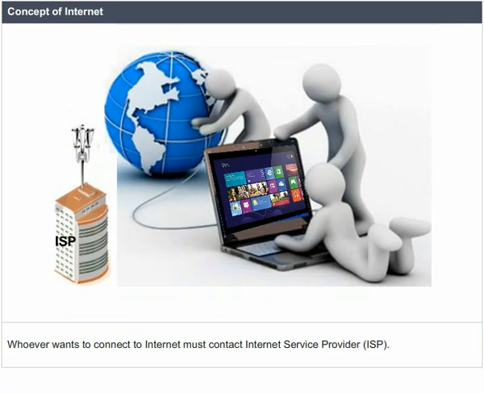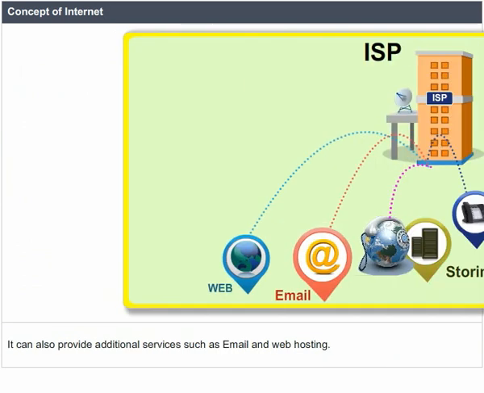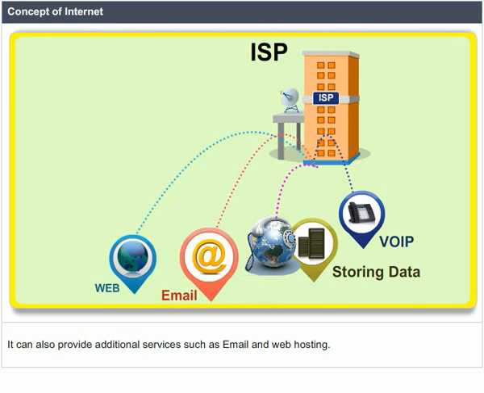Whoever wants to connect to the Internet must contact an Internet Service Provider (ISP). An ISP is a company that provides the connections and support to access the Internet. It can also provide additional services such as email and web hosting.